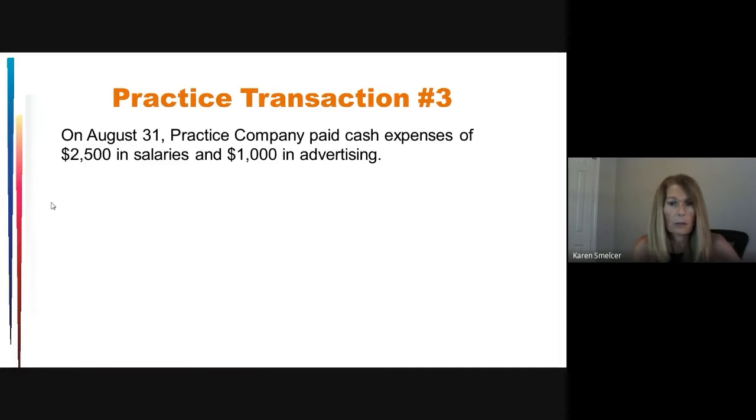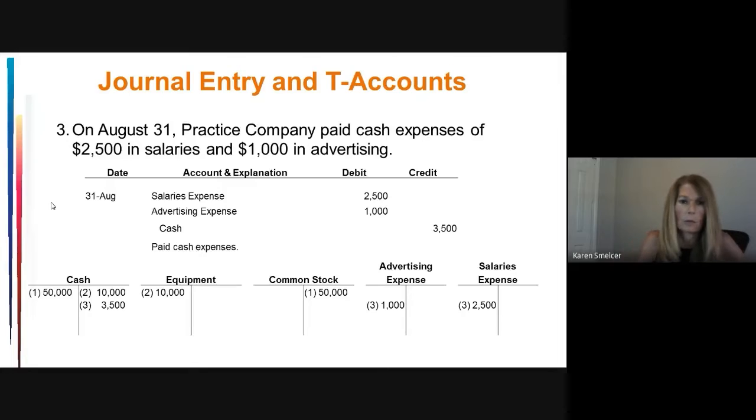transaction, we see first they paid cash, so we're probably going to affect that cash account. We are paying salaries, and we are also paying advertising. So we can record this, and if we record it with more than one debit and one credit to each account, they are called compound entries.